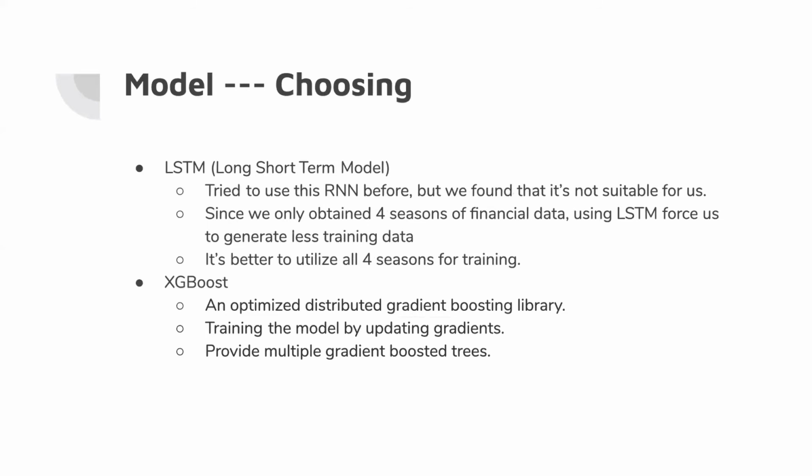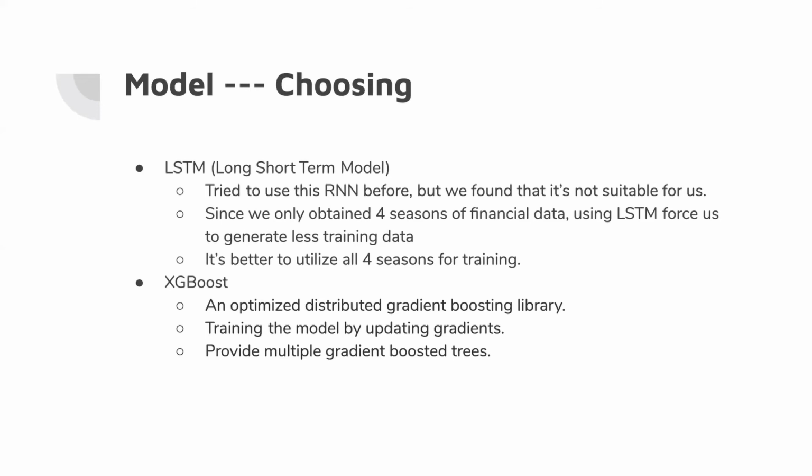And now here comes the choosing of the model. In the beginning, we used LSTM, the long short-term memory model. We tried to use this to train our data. However, we found there's a downside in our case, since we use quarter as the unit of the time step. So in 1 year, we only have 4 time steps.